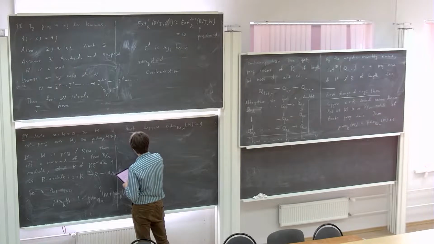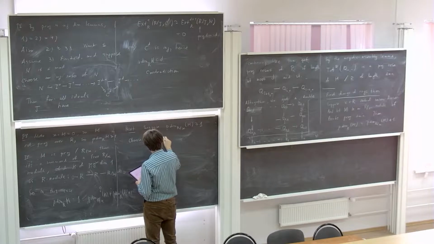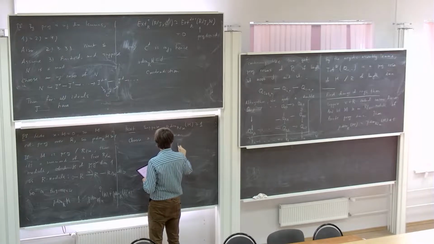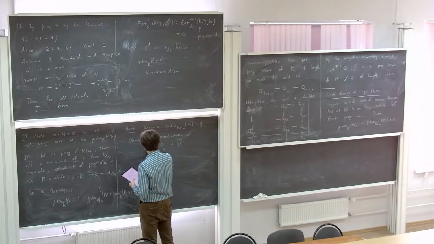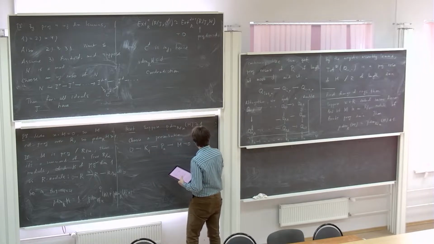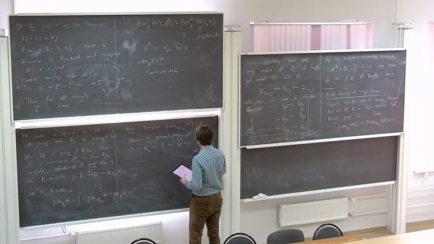So choose a presentation 0 to K1 to P0 to M to 0 over R mod x with P0 projective.